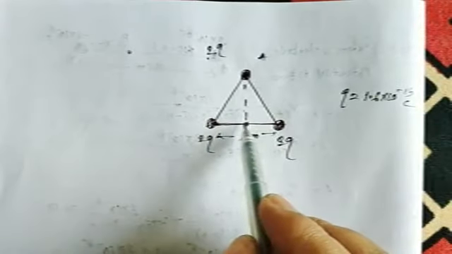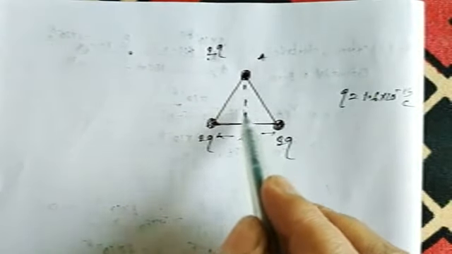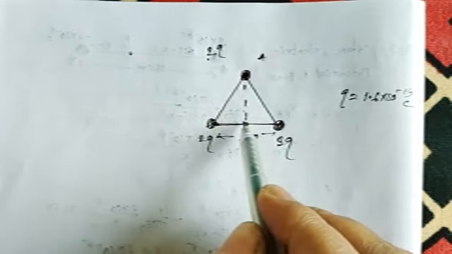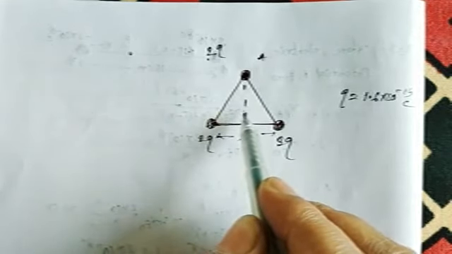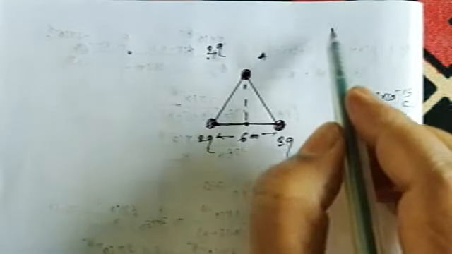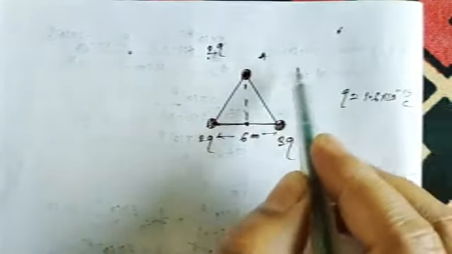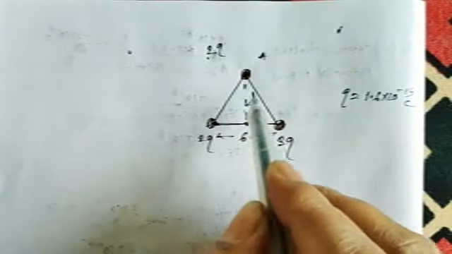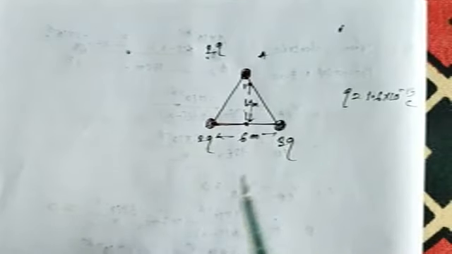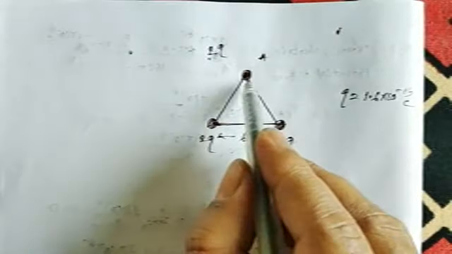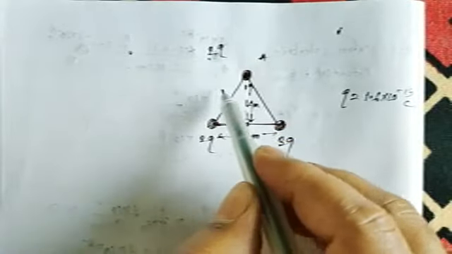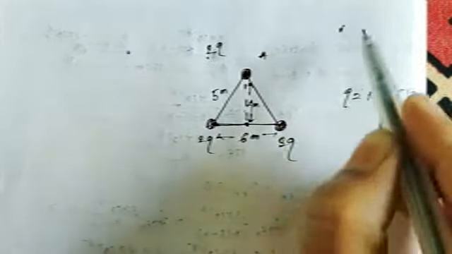Let us consider these things. It will be better to think of this distance as 4 meter. So what will be this distance? Of course it will be 5 meter. Why?